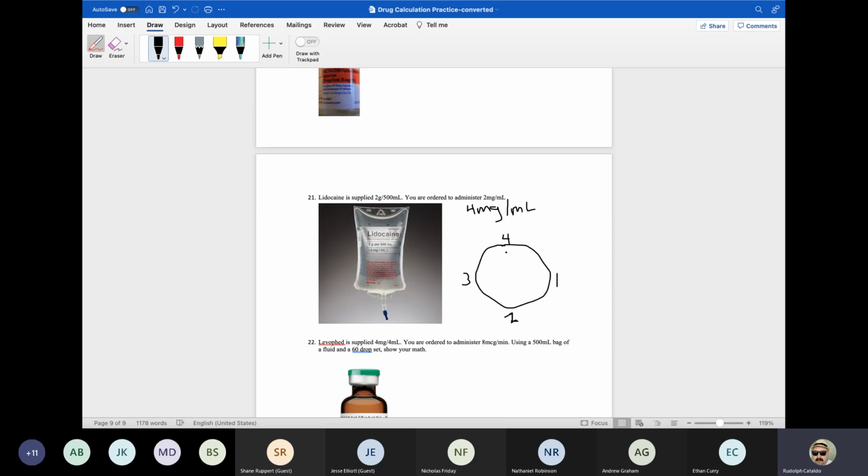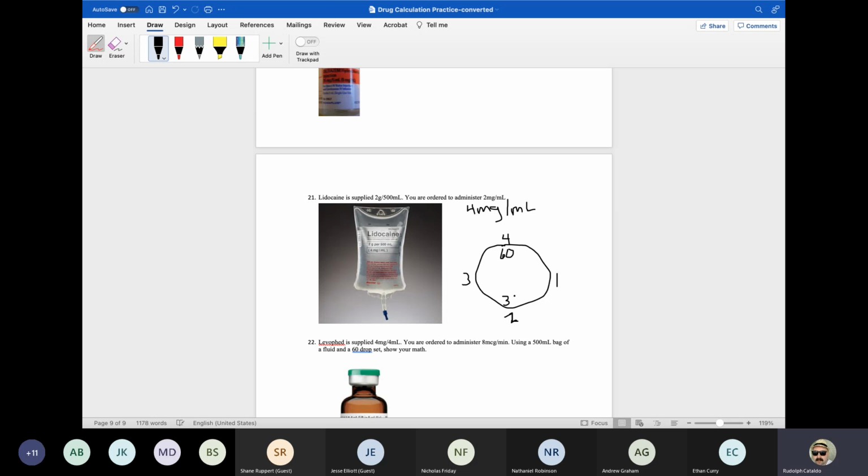If you go grab a drip set out of your ambulance, a micro drip set is 60 drops a minute. We want to use a smaller drip set like that. When I mean smaller, I mean the needle is smaller because it's making more refined drops. So remember, 4 milligrams up here at the top of the clock equals 1 ml, right? So 60 drops, since that's the set we're using, also equals 1 ml.